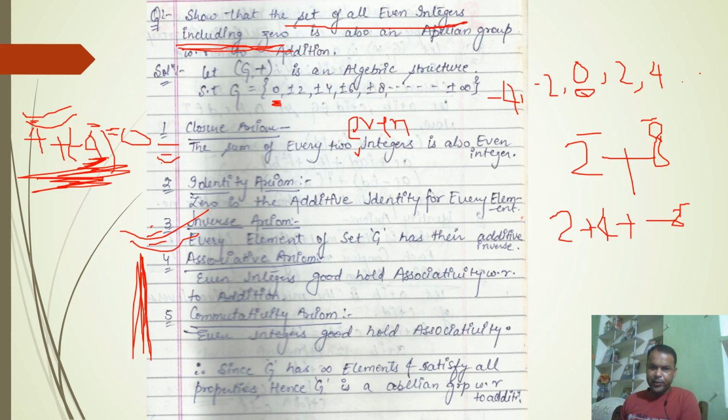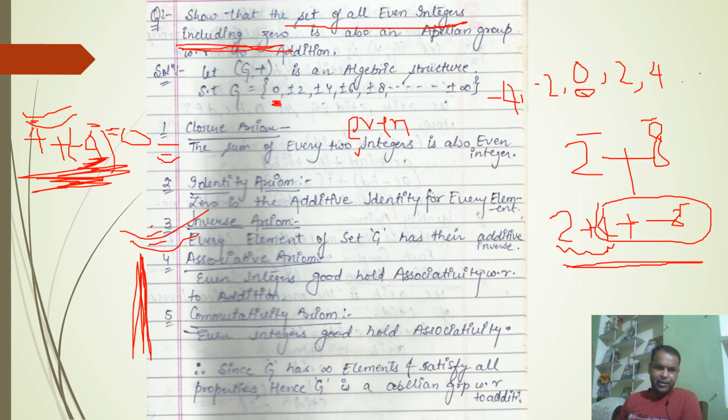For associativity, first we find the result of two integers and then add the third. 2 plus 4 will be equal to 6, and 6 plus -6 is 6 minus 6, that is 0. Again, if we add the last two elements, 4 plus -6 is -2, and 2 plus -2 is 2 minus 2, which is again 0. So we can say that the set of integers holds associativity.